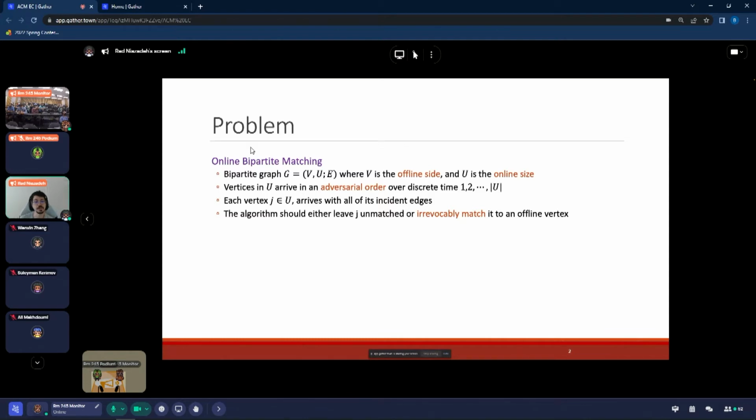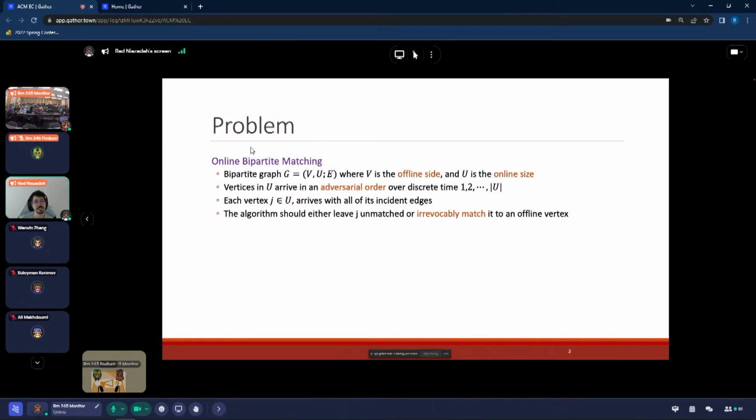In online bipartite matching, the input is a graph G, and G has two parts, V and U. We call vertices in V offline vertices, and they are known to the algorithm in advance. However, vertices in U are online vertices, and they arrive one at a time, and also in an adversarial order.